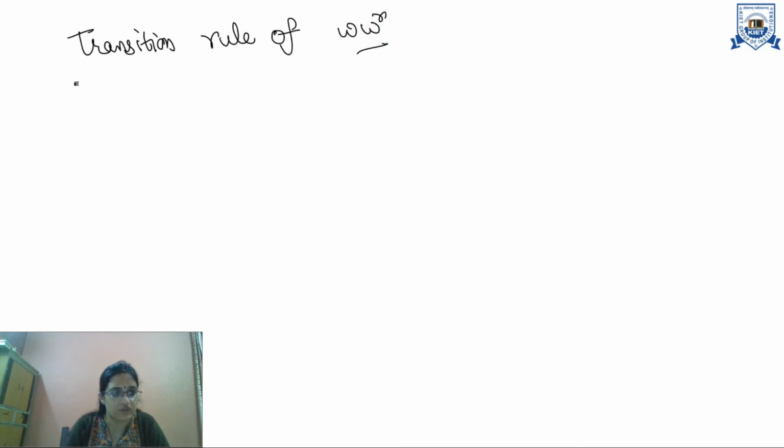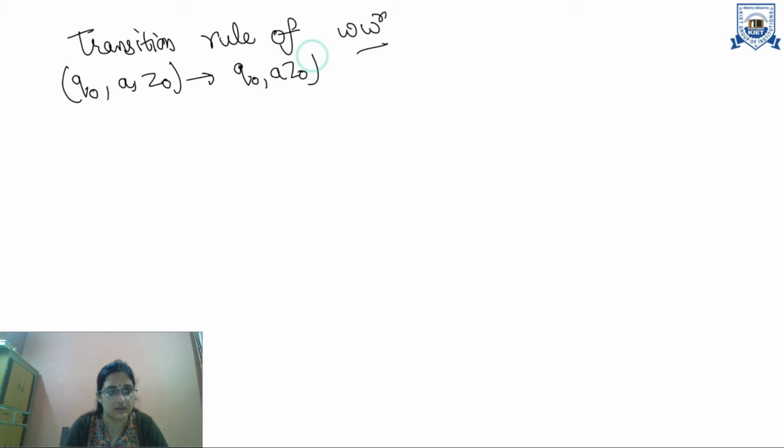That means, first of all, if I am on state Q0, input symbol is A, top of the stack is Z0, then I have to perform the push operation. That means Q0, A, Z0.